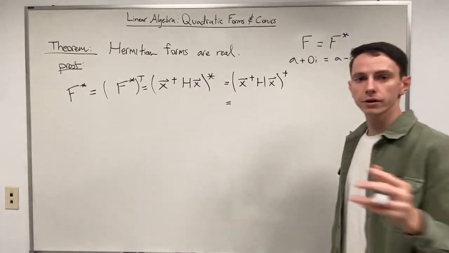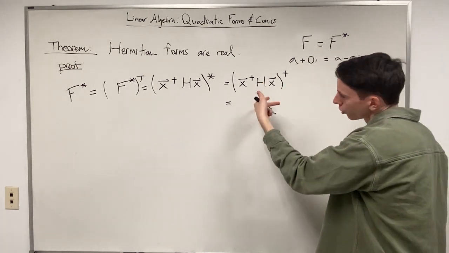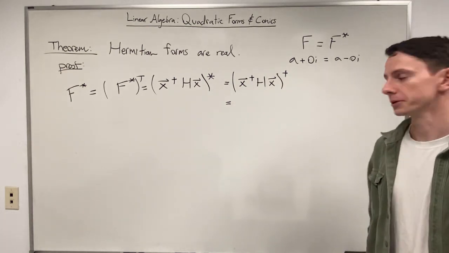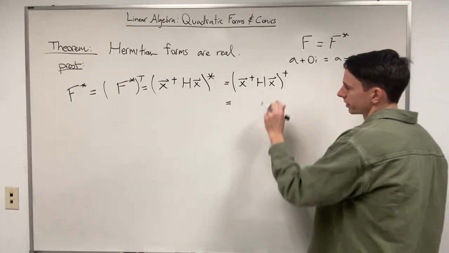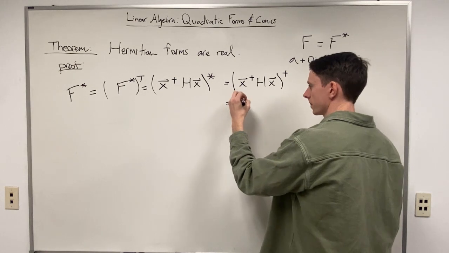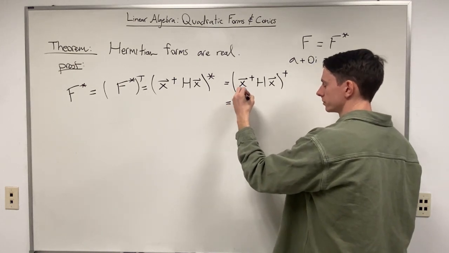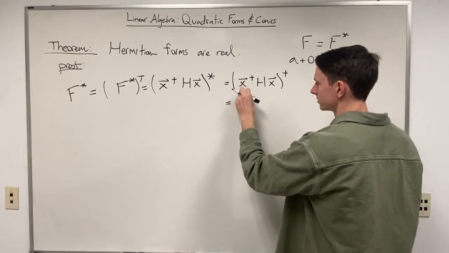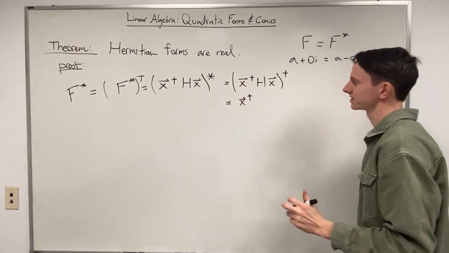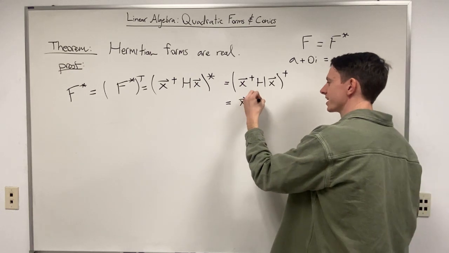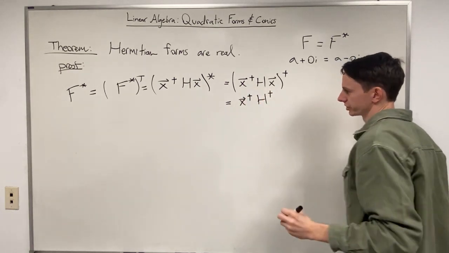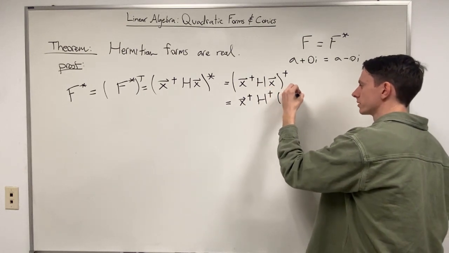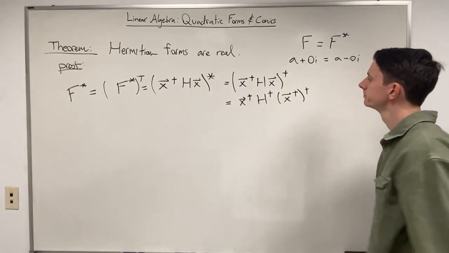The way that we do that, of course, is we just interchange the order that they're written in and then apply the dagger to each of those terms individually. So we'd start with this quantity right here, which is just x, and then apply the dagger: x dagger. Then we would take our matrix H and apply the Hermitian conjugate. And then finally, we take our quantity x dagger, take the dagger of that.